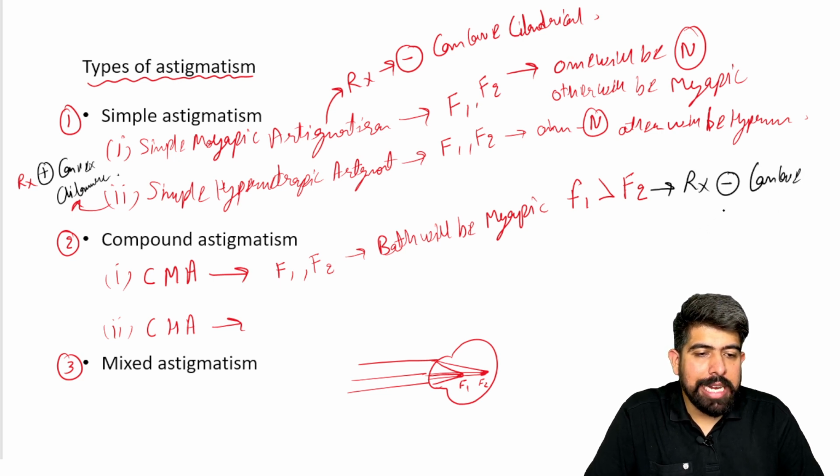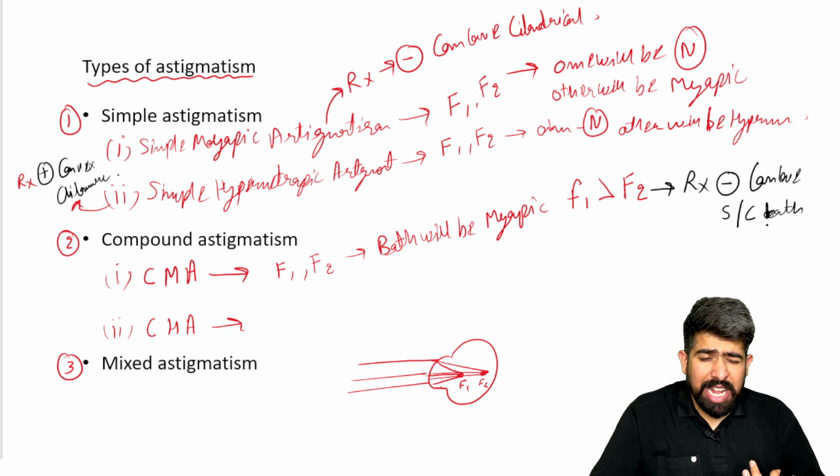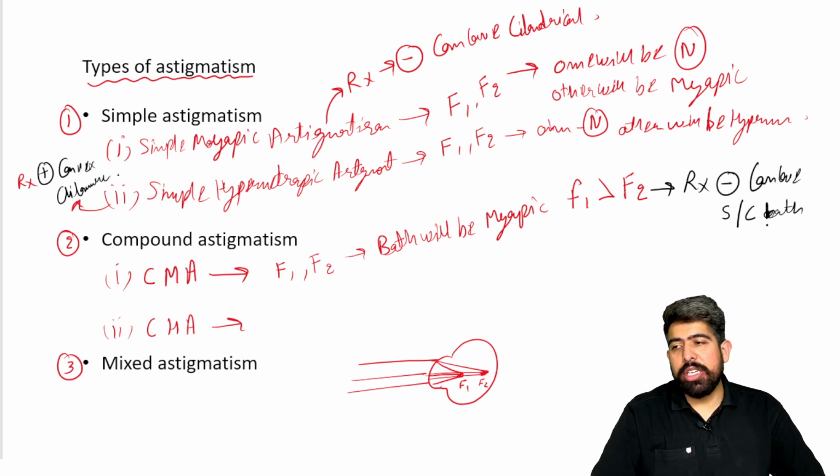But with the concave lens, I have to use both spherical and cylindrical. Yes, I will use the cylindrical also, and the spherical also, because I have to manage both of them.